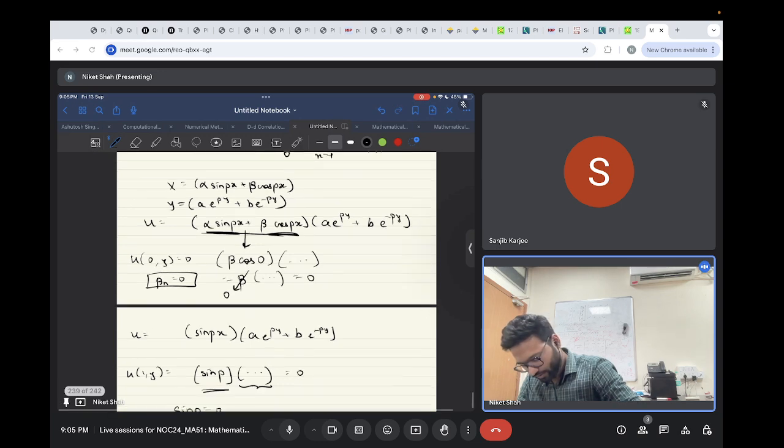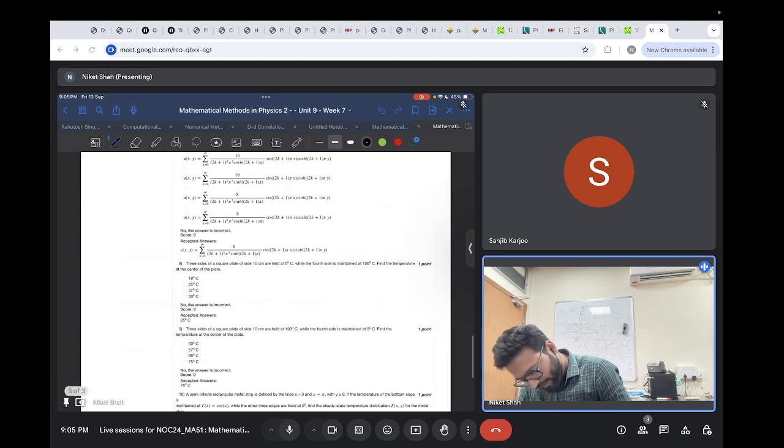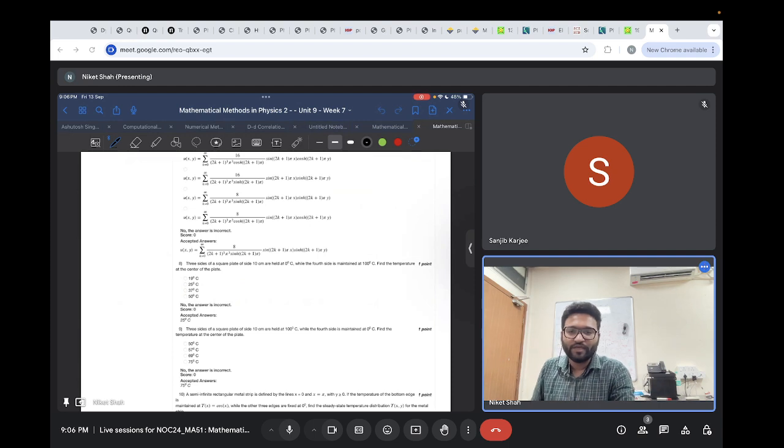All right. So this is problem number 7. Now, problem number 8: three sides of a square plate of side 10 centimeter are held at 0 degrees Celsius and the fourth side is maintained at 100. Find the temperature at the center of the plate. This is again going to be absolutely the same question.